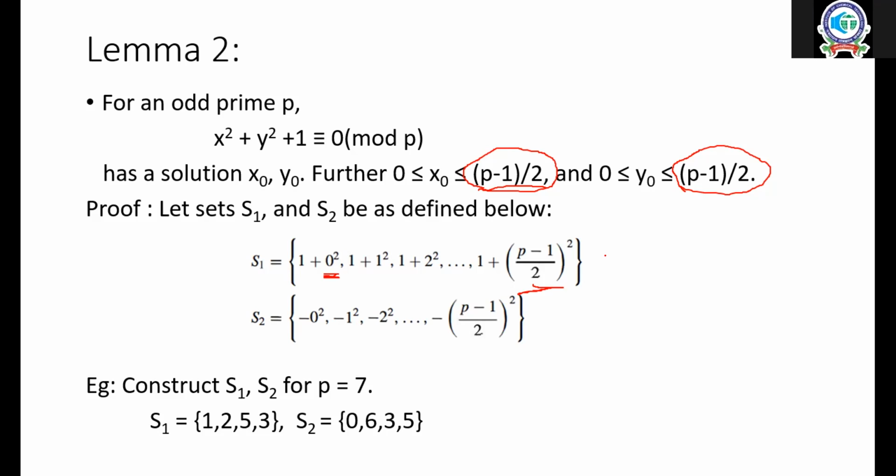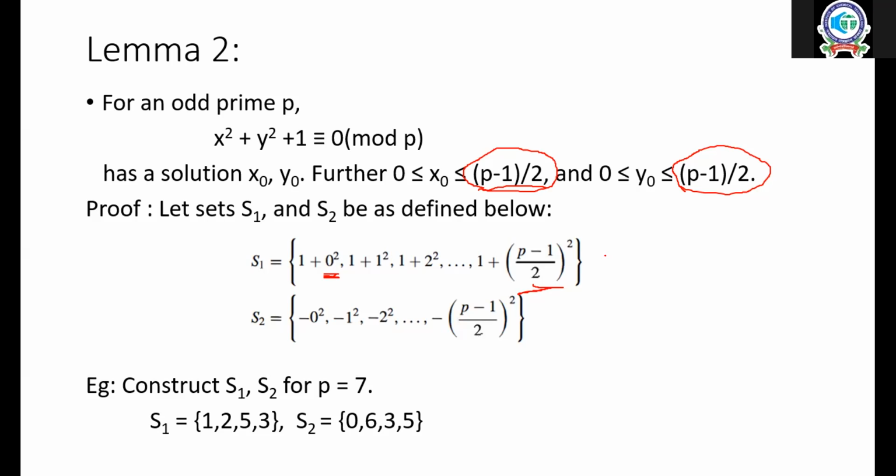See, the way the sets are constructed comes from x square plus y square plus 1 equal to 0. The beauty is that y square plus 1, if you take x square to this side, then it is minus x square. Y square plus 1 is congruent to minus x square mod p. That is exactly the way we took the sets S1 and S2.